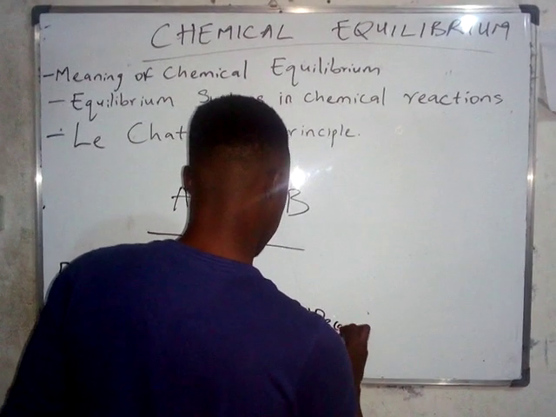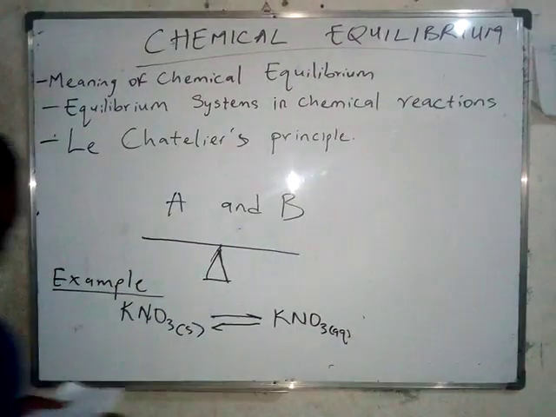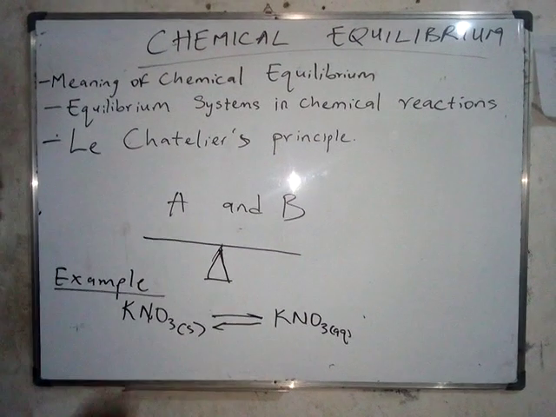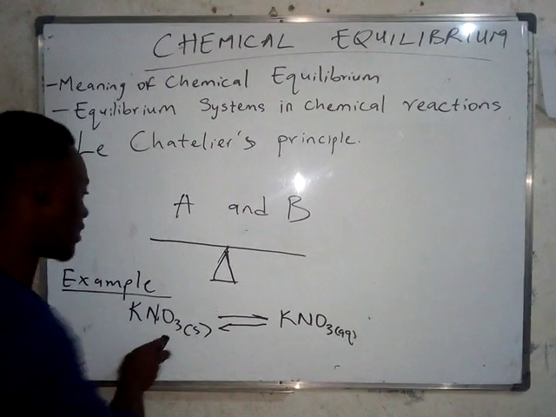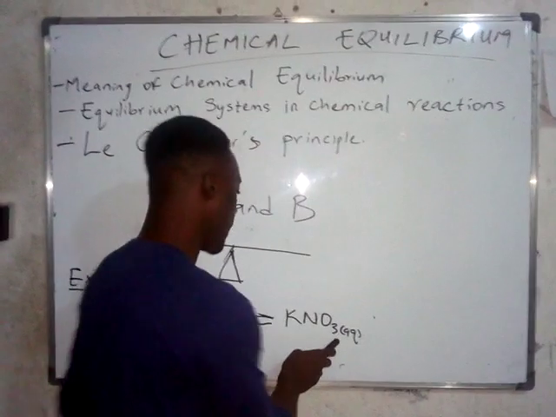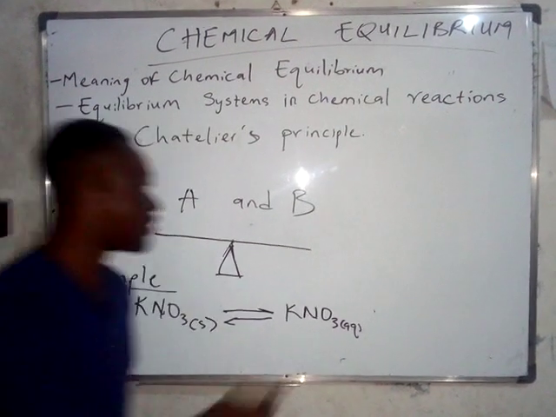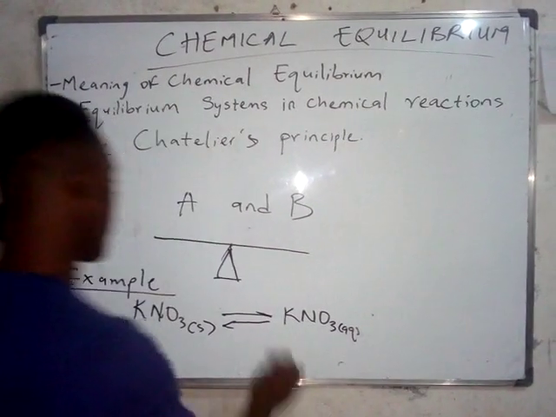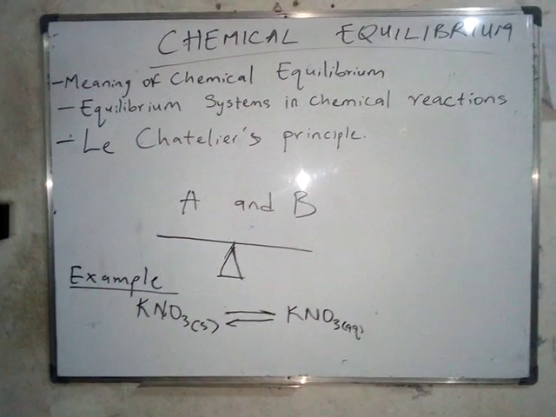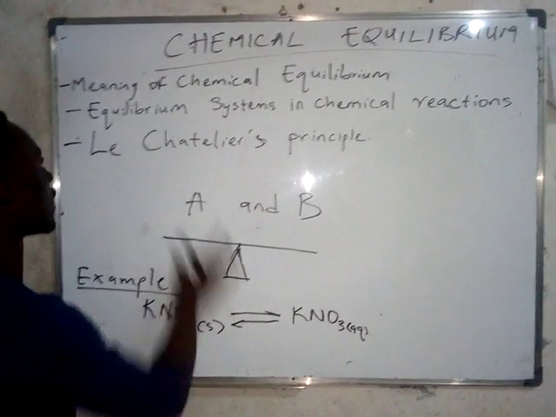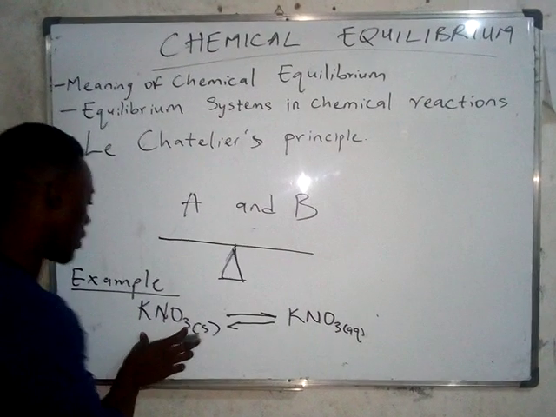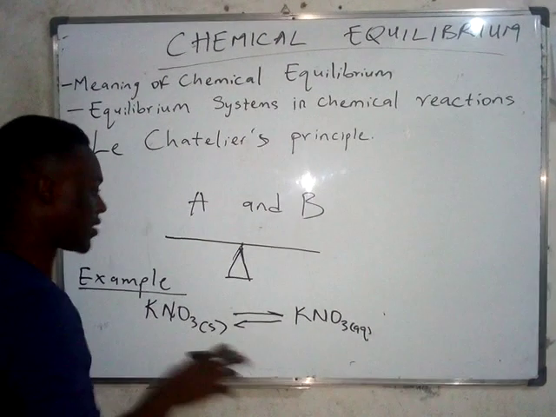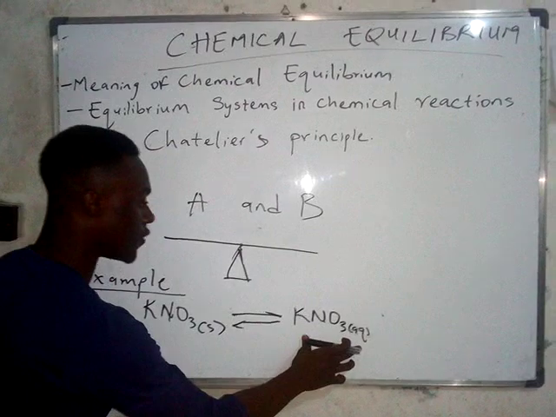And this is the solution we are talking about. So here you have potassium nitrate pellets or crystals or solid, and here you have potassium nitrate solution. Now, in this solution, this concept of equilibrium can be explained, where you have KNO3 pellets still precipitating above the solution.